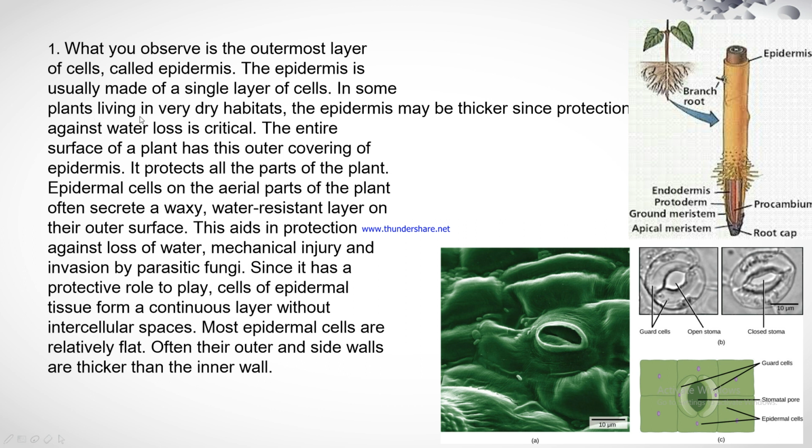In some plants living in very dry habitats, the epidermis may be thicker since protection against water loss is critical. The entire surface of the plant has this outer covering of epidermis, and it protects all the parts of the plant.